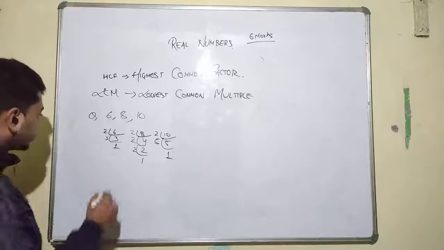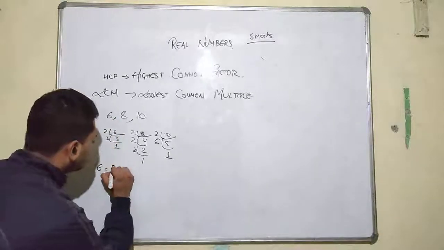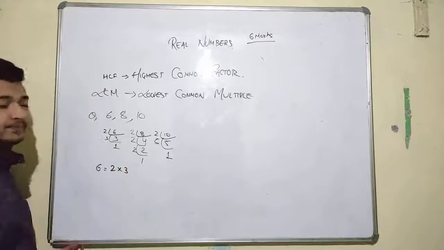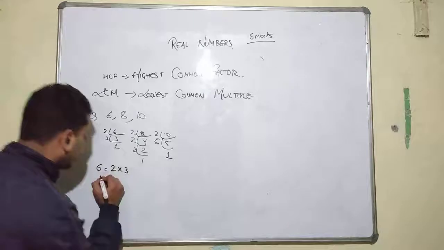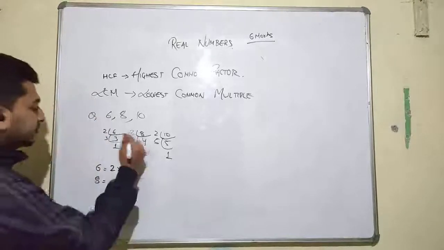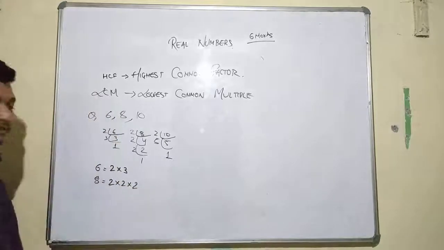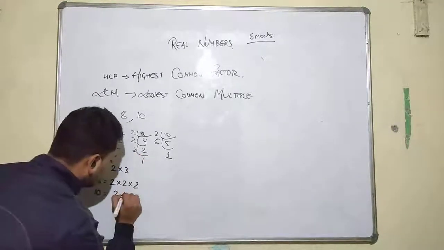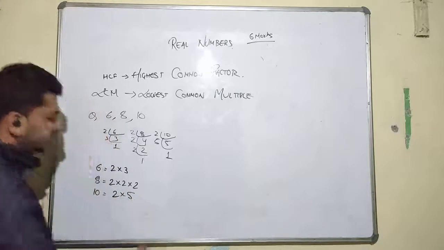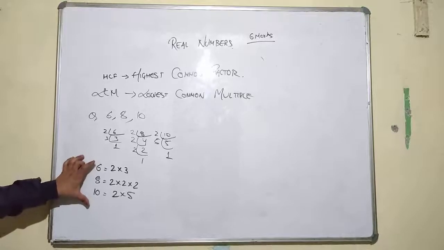So now, for 6 we have got 2 into 3. For 8, we have got 2 into 2 into 2. And for 10, we have got 2 into 5. So this is what you have got.